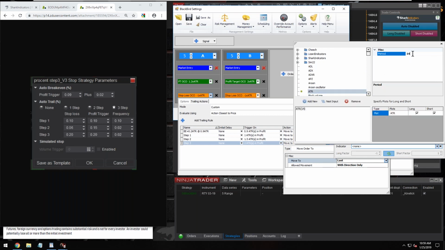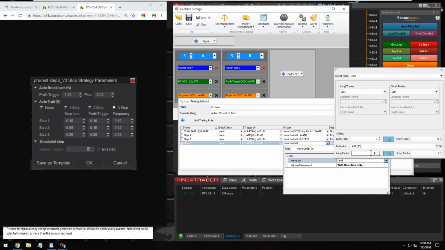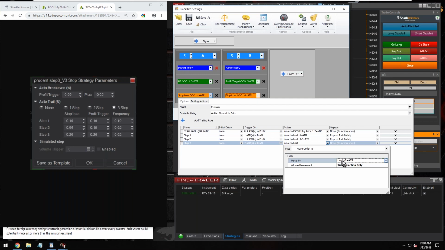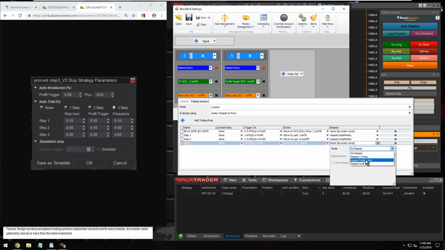All right, so there's the ATR selected. Put in that 20 period. And we're using a 2 ATR offset. Okay, there we go. It says last 2 ATR. And the frequency is still the same. So we're converting 0.02% to just 2 ATRs, since that's what Blackbird has.